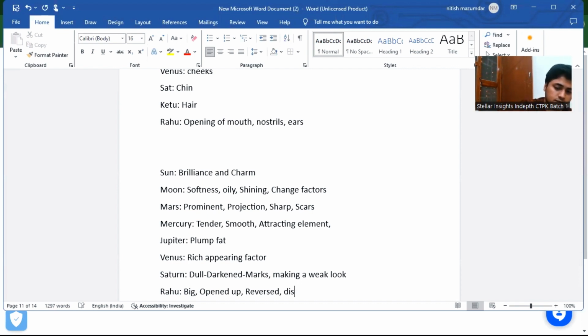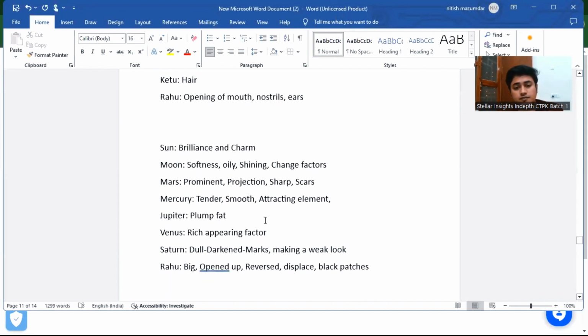This place, black patches. Okay. If you see these sort of things connected to any organ or feature of the face, you will be seeing these things.